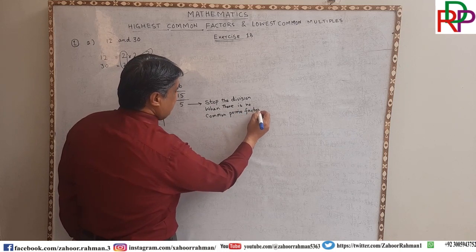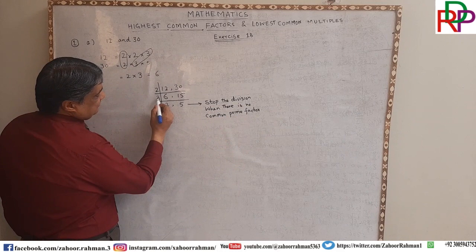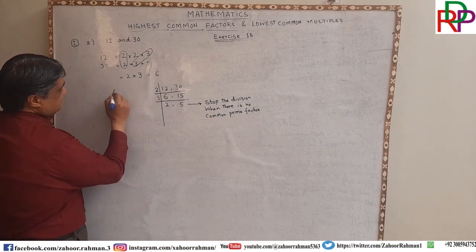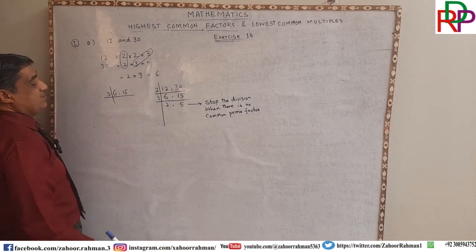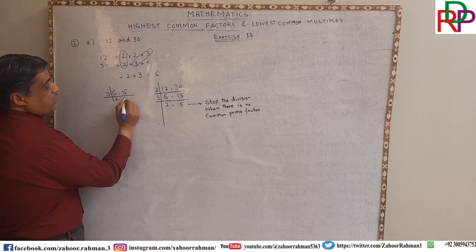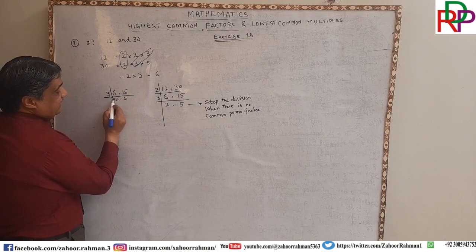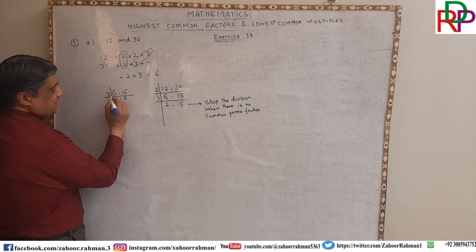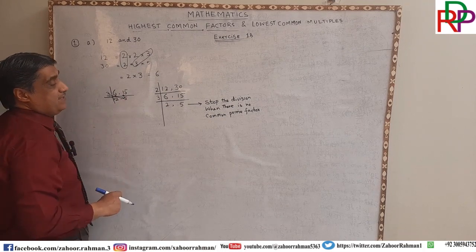Ladies and gentlemen, what does it mean? Here there were 6 and 15. We can take 3 as common from them, so it will remain 2 and 5. If you multiply this 2 again with 3, it will become 6. Similarly, 3 times 5 becomes 15.